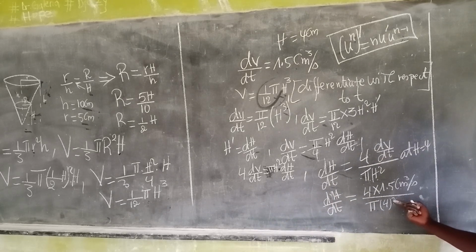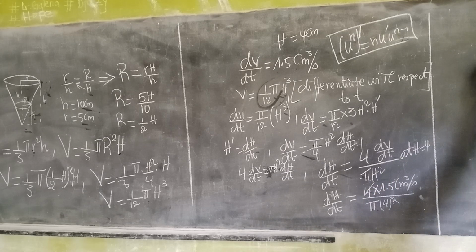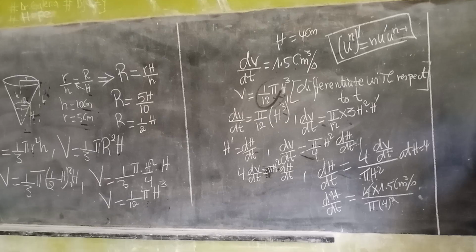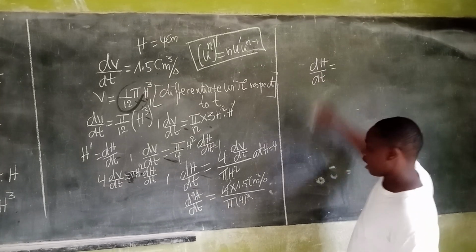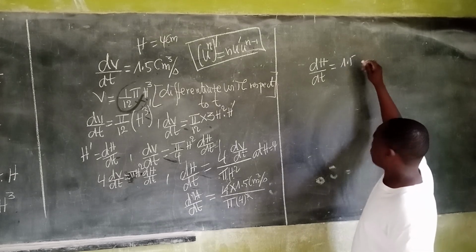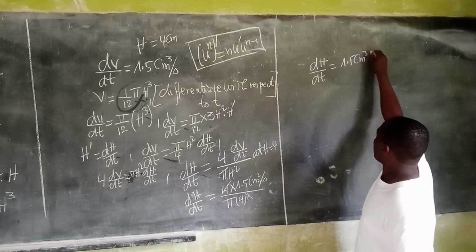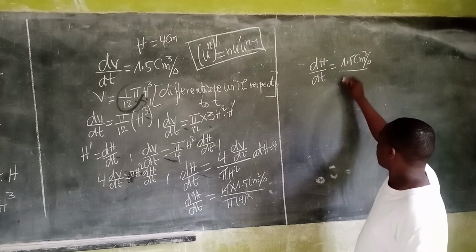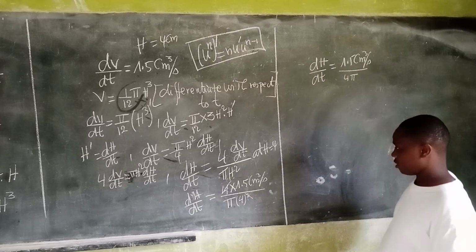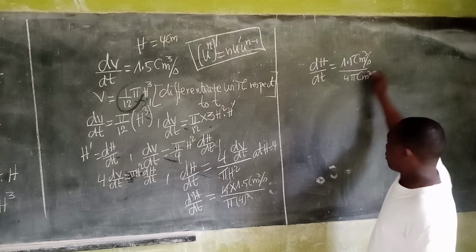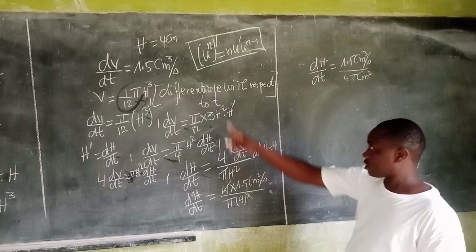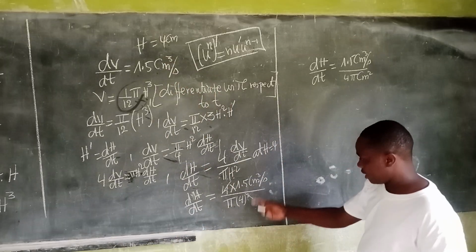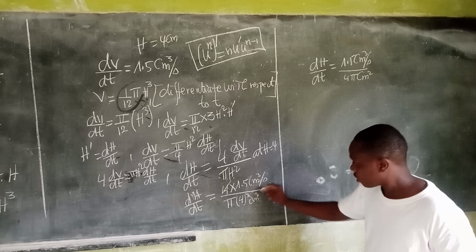We are going to simplify 4 and 4 here, and cancel this here to stay with dh/dt as 1.5 centimeters cubed per second over 4 pi centimeters squared, because the h was 4 centimeters and here it is 4 centimeters squared.